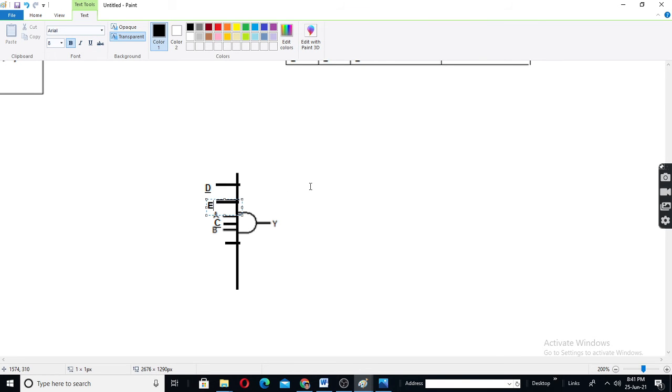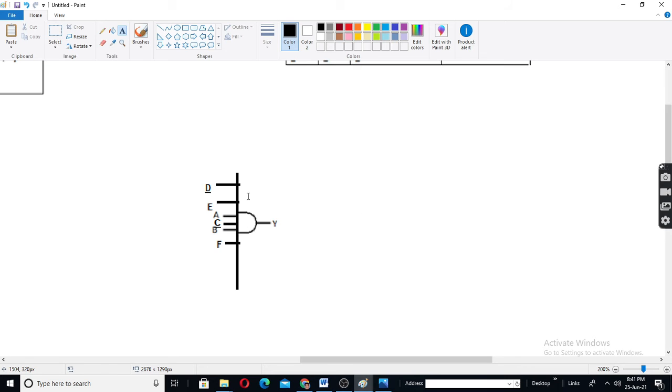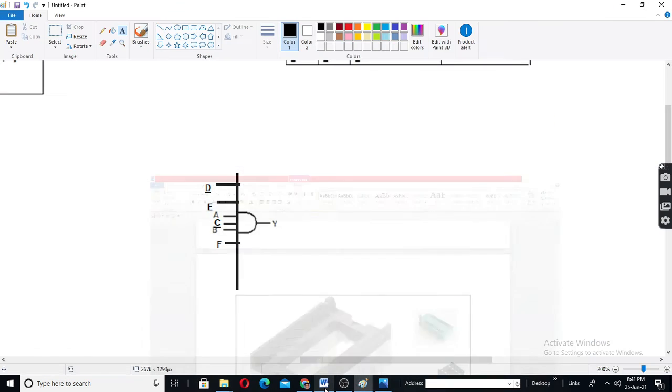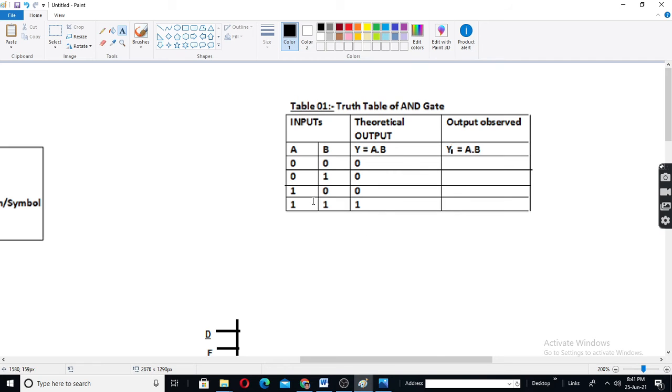Next, F. Say you should be healthy, not with a disease. If you have some disease, you have no entry to the class. So like that, output Y will be 1 only when each and everything, all of the inputs are high. So that is why in the truth table, when all the inputs are high, then only output will be high.